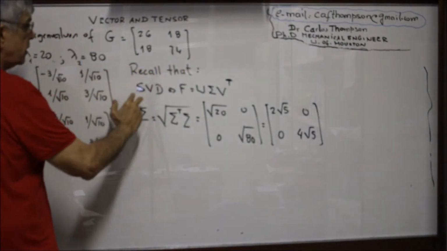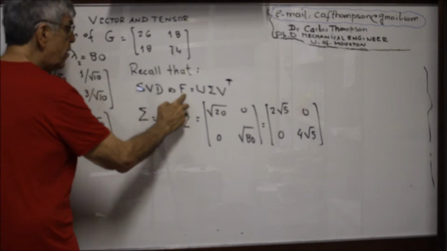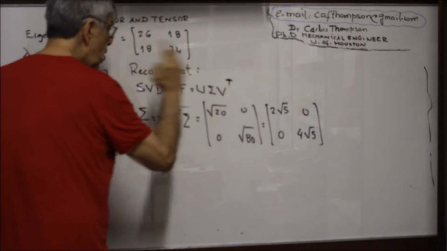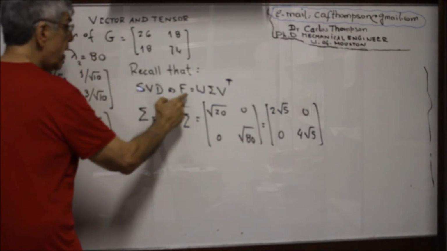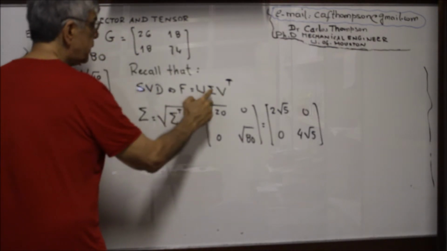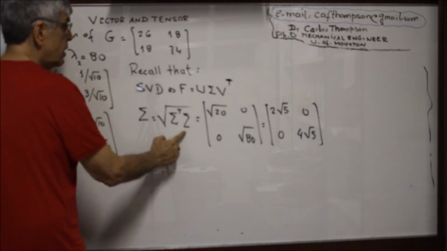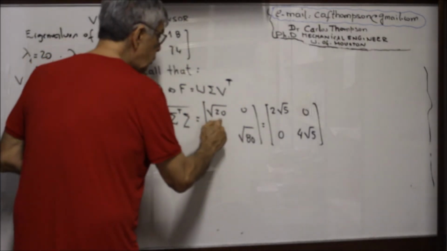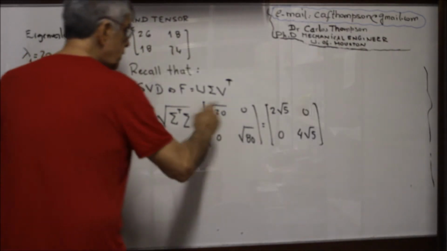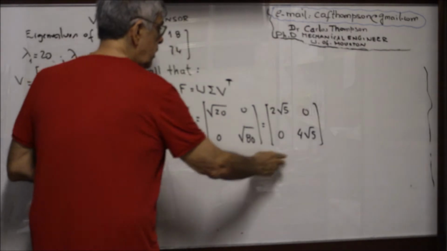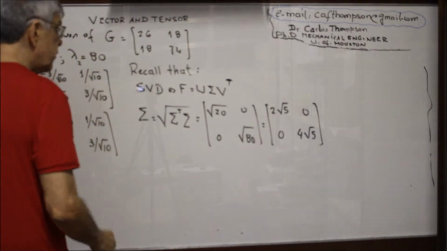We call that SVD, F equals U sigma V transpose. Now we already obtained V transpose and sigma. Sigma is the square root of the eigenvalues 20 and 80. So the square root of 20 is 2 square root of 5 and the square root of 80 is 4 square root of 5.